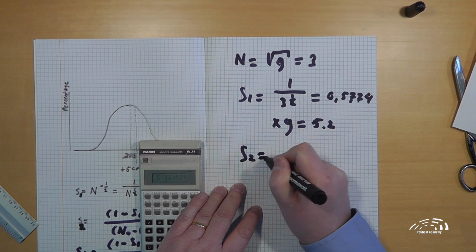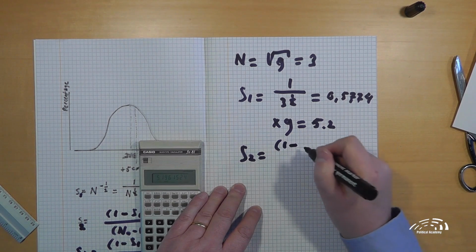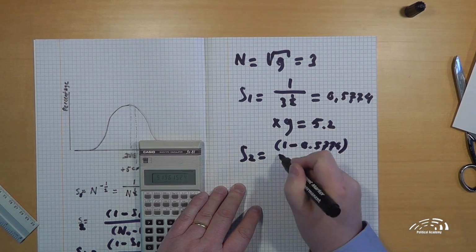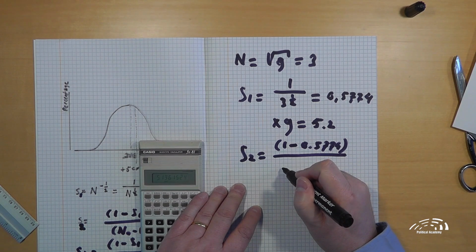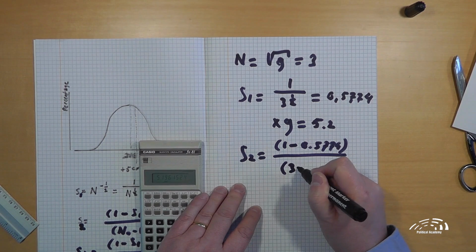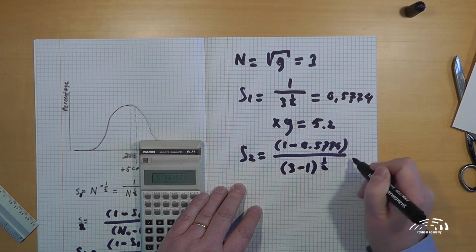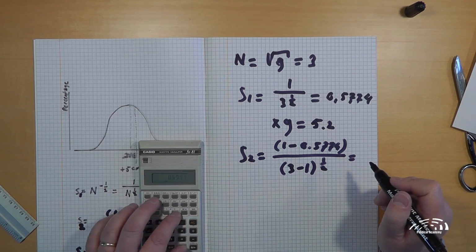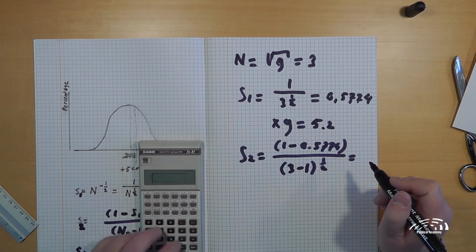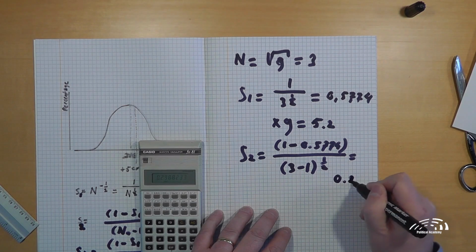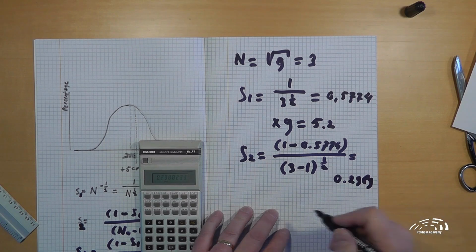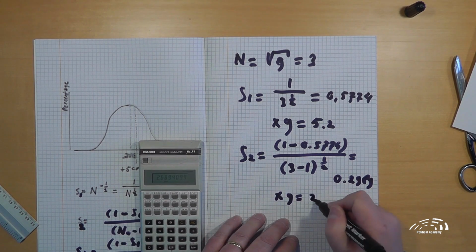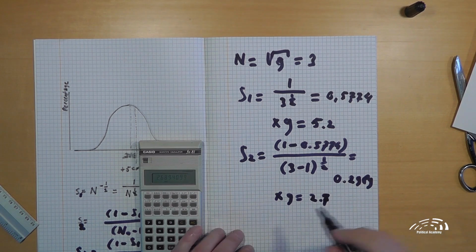The second party: 1 minus 0.5774 divided by 3 minus 1 to the power 1/2 equals 0.2989, times 9 equals 2.7 seats.